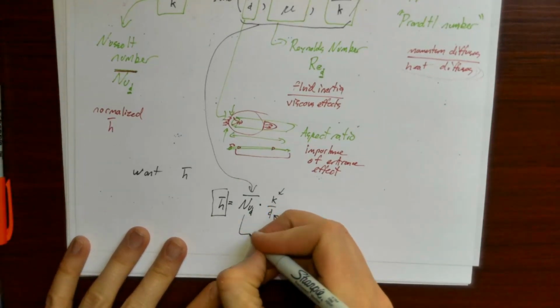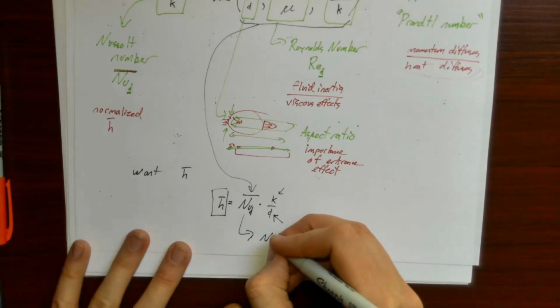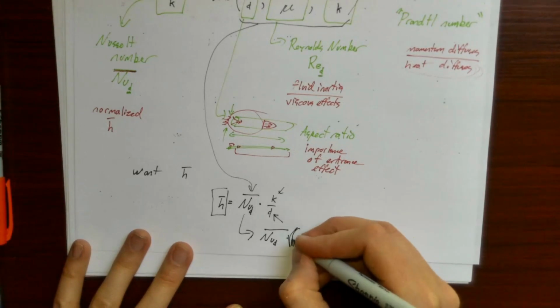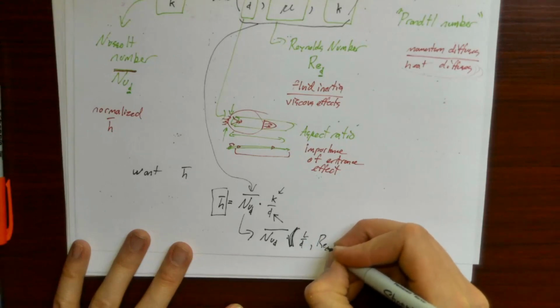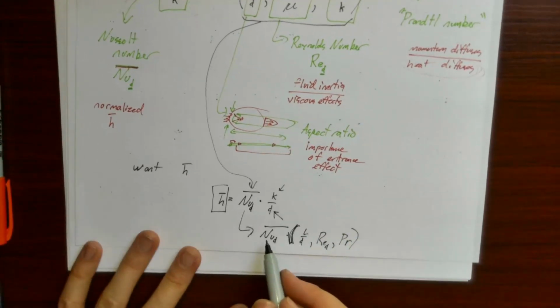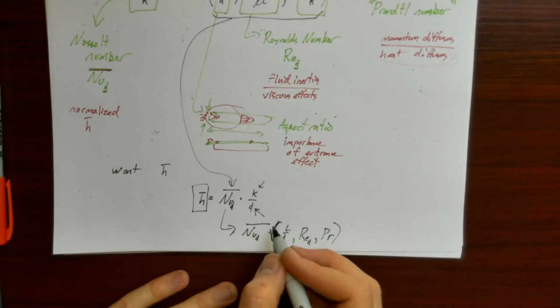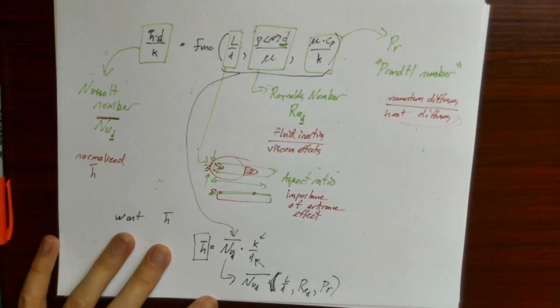So Nusselt number is a function of L over D, Reynolds number, and Prandtl number. I haven't necessarily told you what these functions are, but I've just said, hey, such a function does exist.